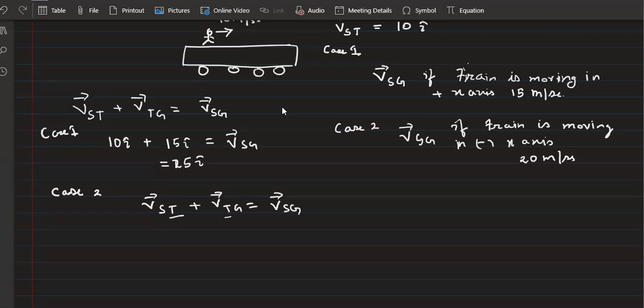Then you can just eliminate this. So it will be 10 i cap minus 20 i cap is equal to the velocity of SG. So this is equal to minus 10 i cap. Got it? We are coming to that now.